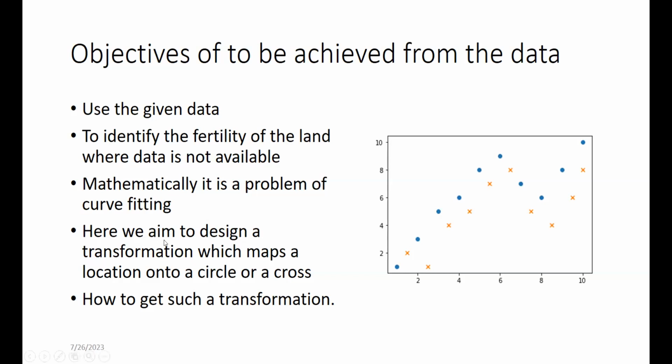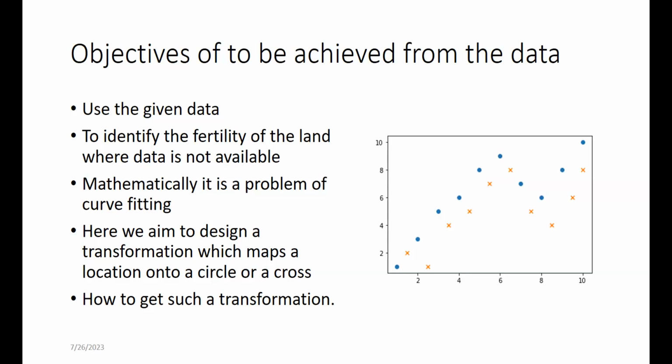So here we aim to design a transformation which maps a location into a circle or a cross. Somehow if we can come up with a mathematical function which takes as input the location of the land, and as output maps whether it's category A data or category B data, then we can efficiently tell, by picking a particular piece of land, whether the soil is fertile or infertile.